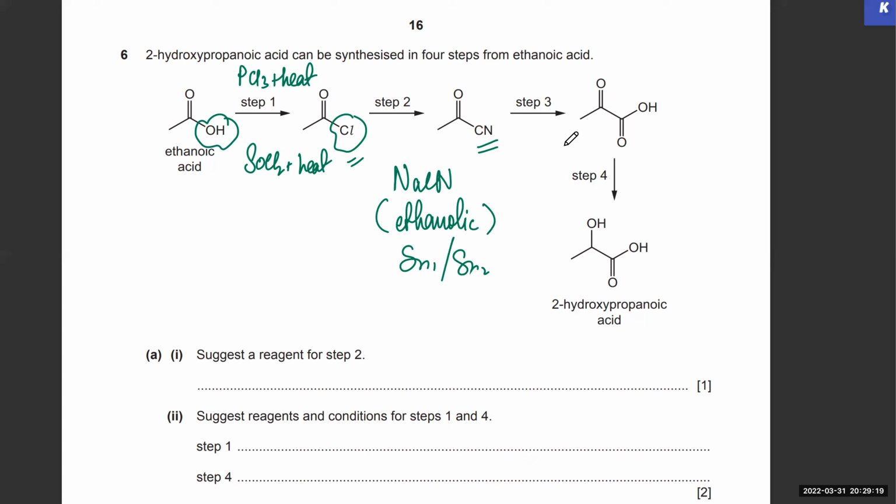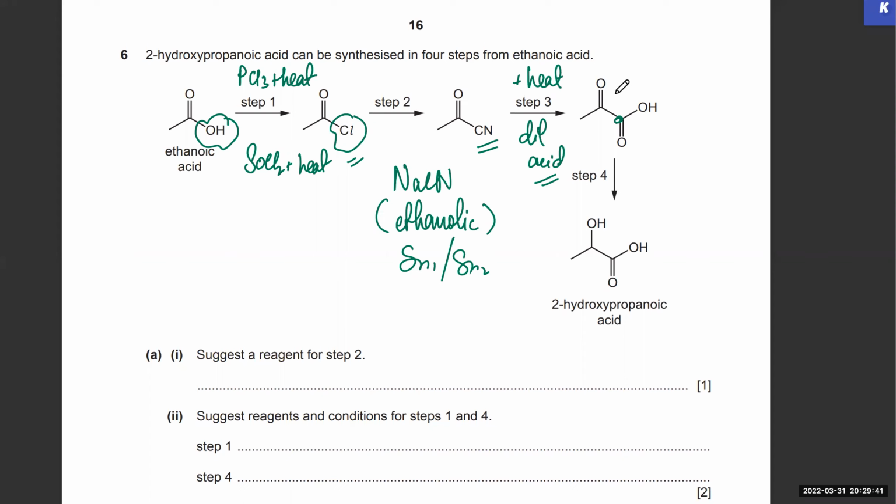So a Cl gets substituted by CN. And then you have the CN turning into a carboxylic acid. That is hydrolysis that happens with dilute acids, and reflux plus heat.